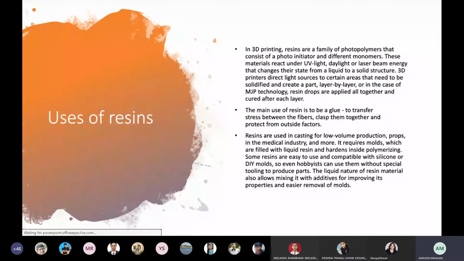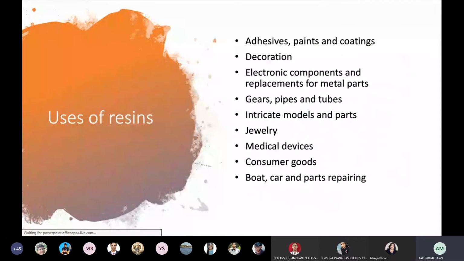Yeah, so now they're used in adhesives, paints, and coats. They're used as decoration. This is what I was saying. Because of their hardening property, they're used in decorations and electronic components, and replacements for metal parts, gears, pipes, and tubes, intricate models and parts.